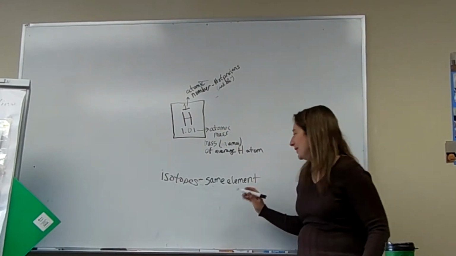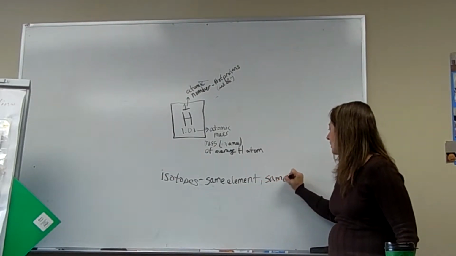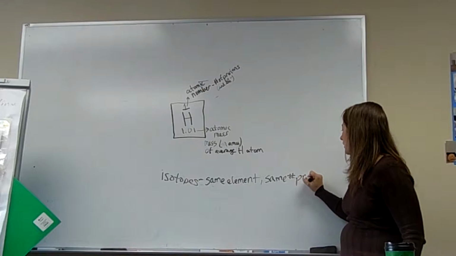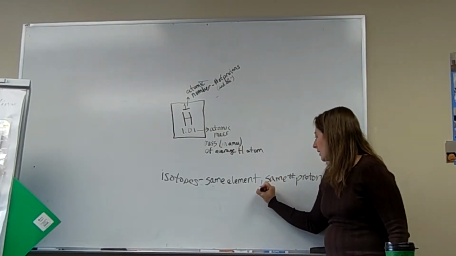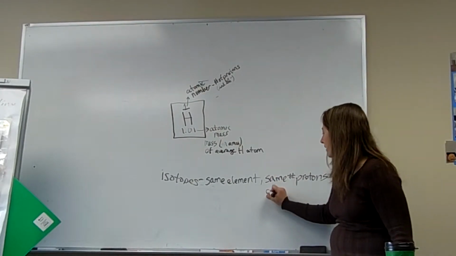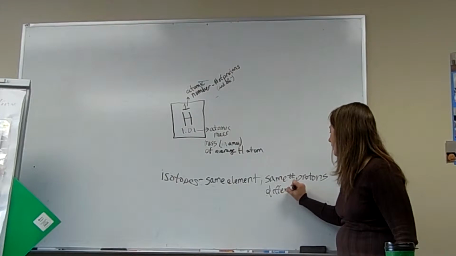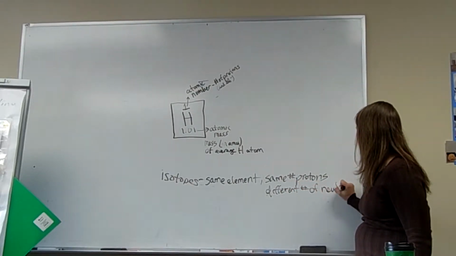Everything that's the same element is an isotope. Same number of protons and electrons, and then not the same, different number of what? Neutrons. Different number of neutrons.